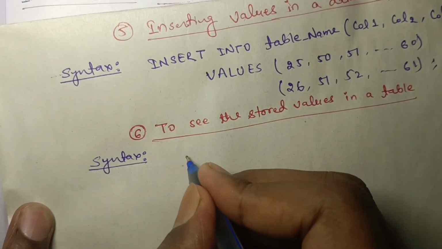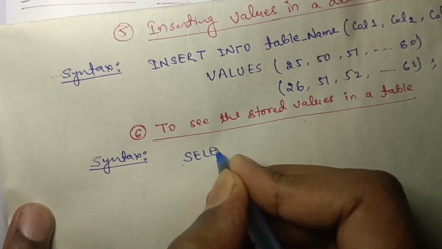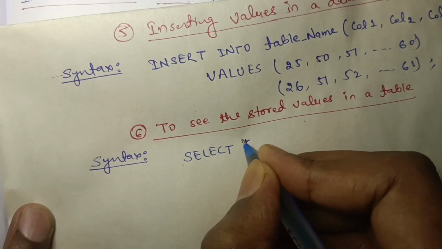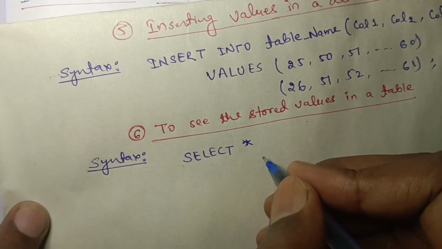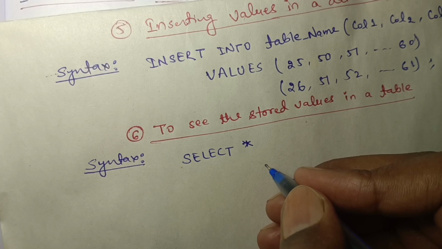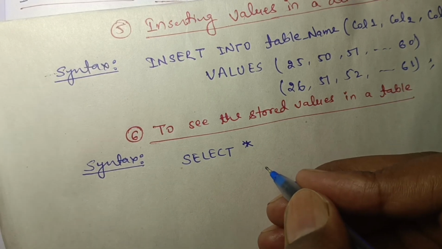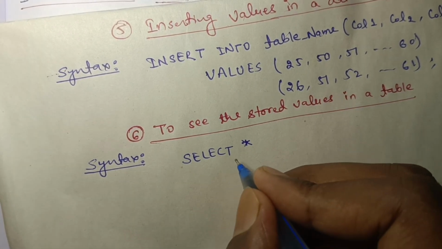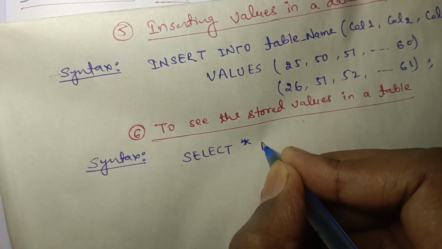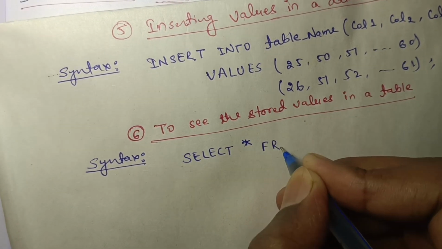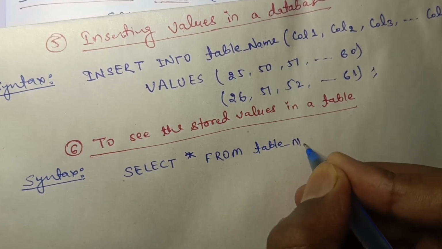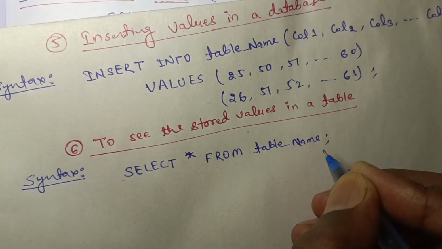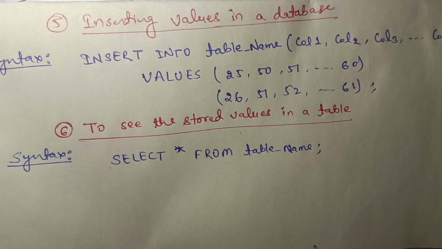We basically use the select command. Star means all columns. By writing the star we specify that we want the values of all the columns. So select star, then we specify our table name by writing from, and here we specify our table name and a semicolon. So by writing this command we can see our stored values in a table.